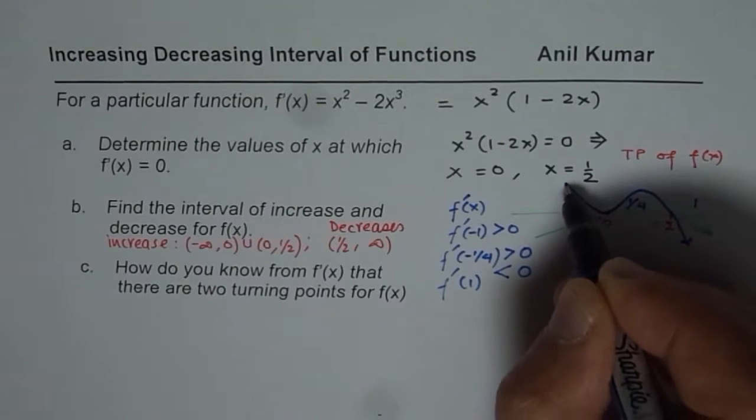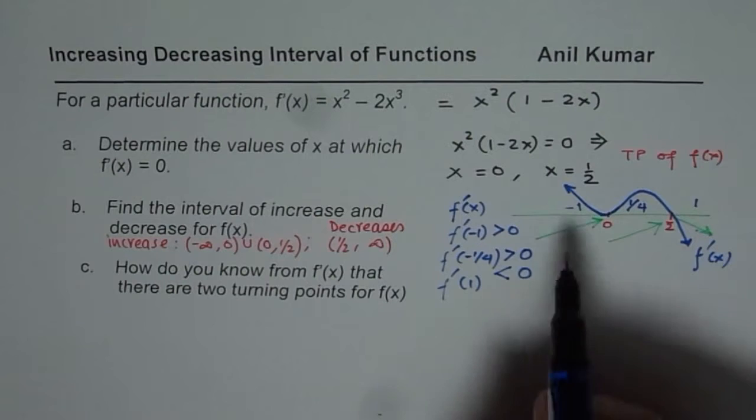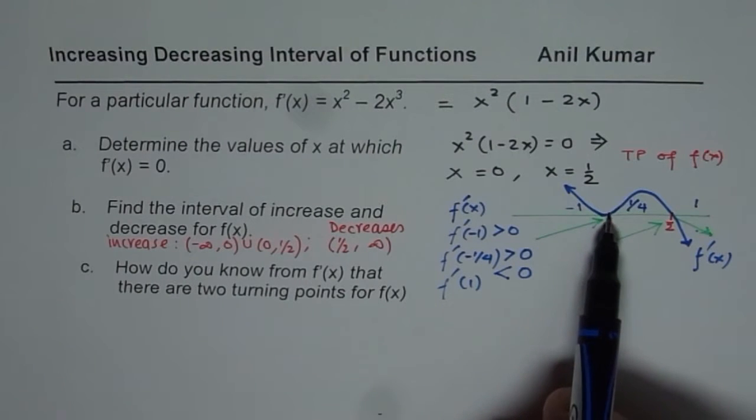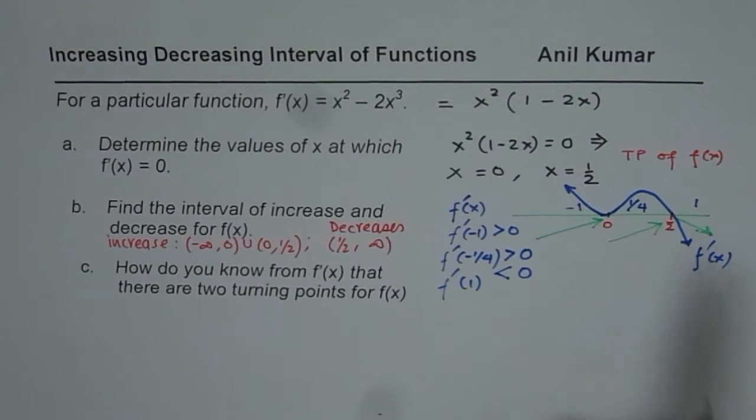So that is the graph for the derivative of the function. You can see the derivative is positive on either side of this point, but it is negative after that. Do you see that? That is how the derivative acts.